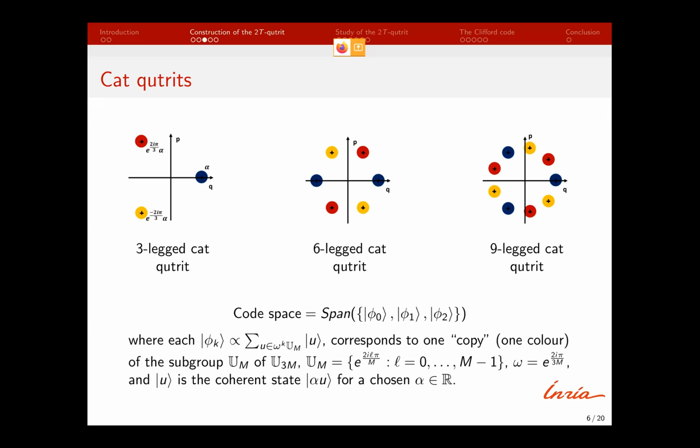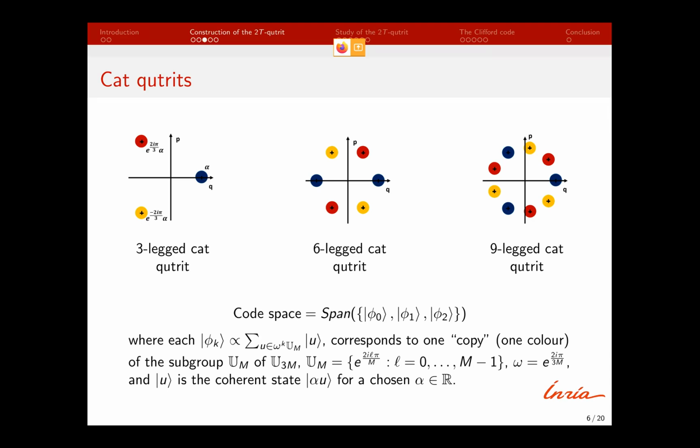The three-legged cat qutrit has a code space that is the span of three coherent states, the one in yellow, blue, and red. Then for the six-legged cat qutrit, it's defined as the span of three states.